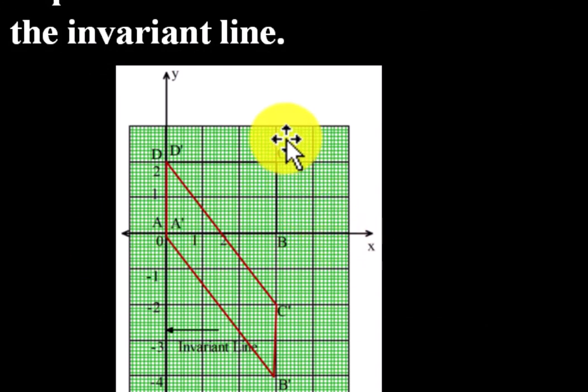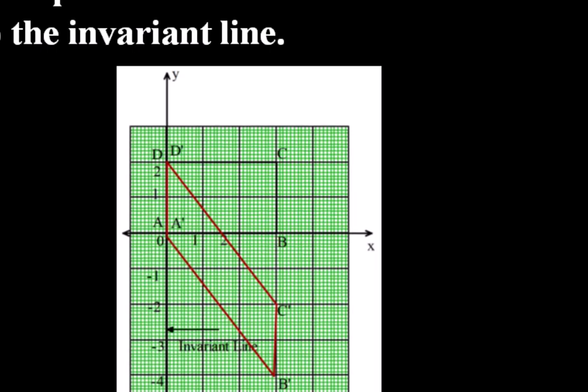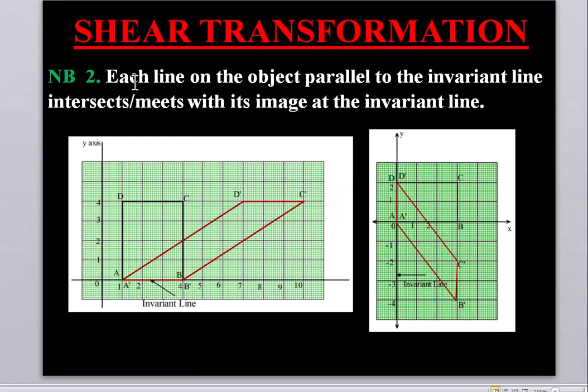A, B, C, D, and we have points C and B that are moving in a direction that is parallel to the y-axis. Remember, the y-axis in this particular diagram is the invariant line. Note number 2 is that each line on the object parallel to the invariant line meets with the image at the invariant line.